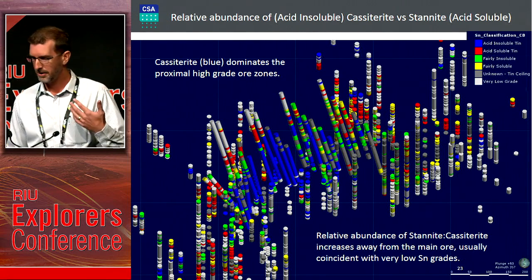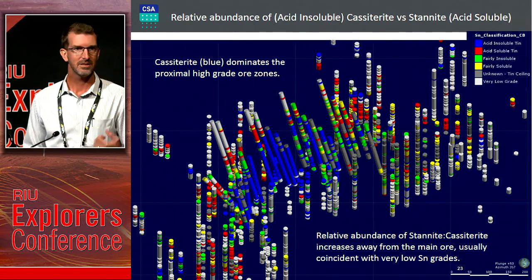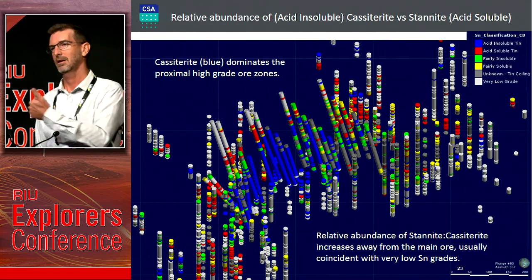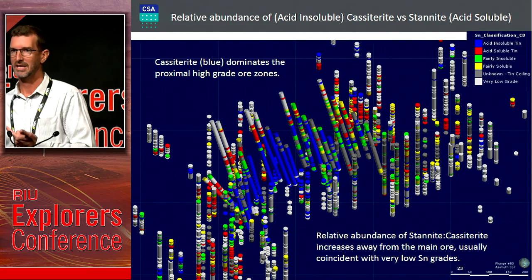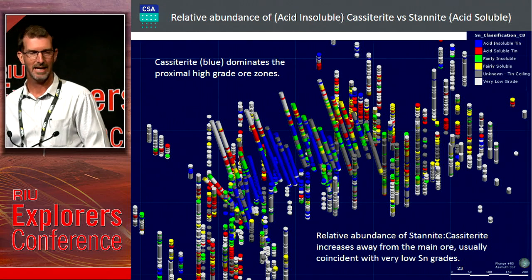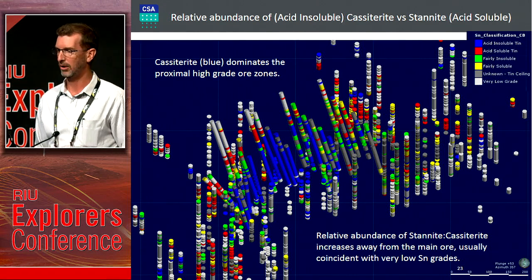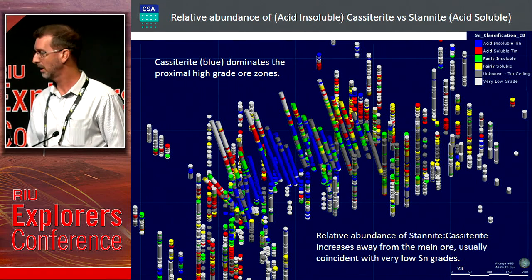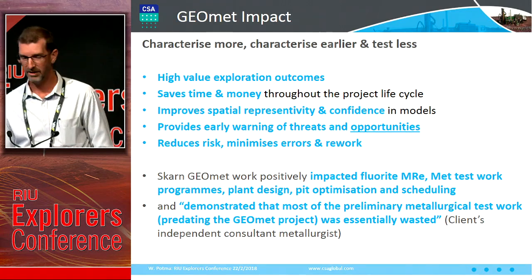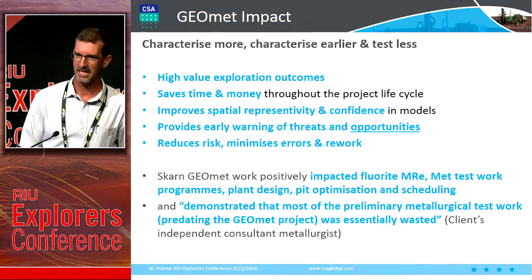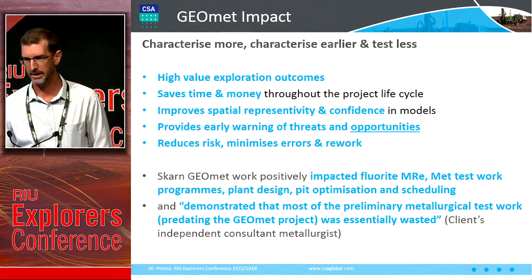So this gave confidence in the tin resource estimate. The previous slide gave confidence in the fluorite resource estimate, and the 3D model and the geometallurgical model as a whole gave significant confidence in the MET test work program and the feasibility study going forward.